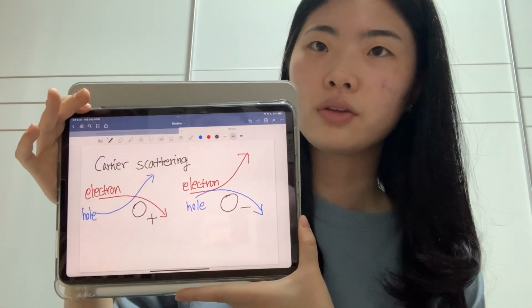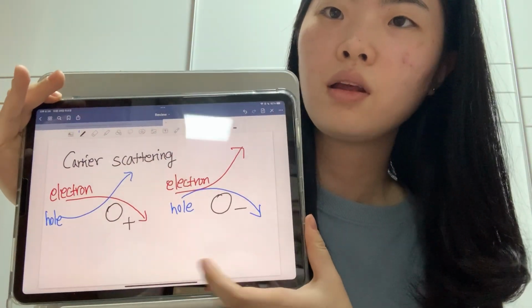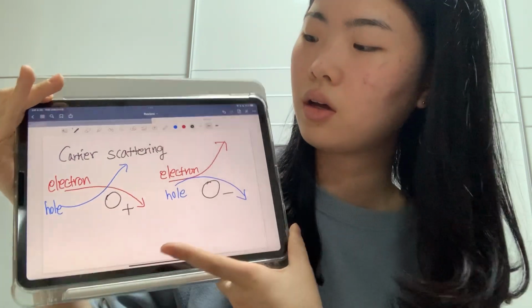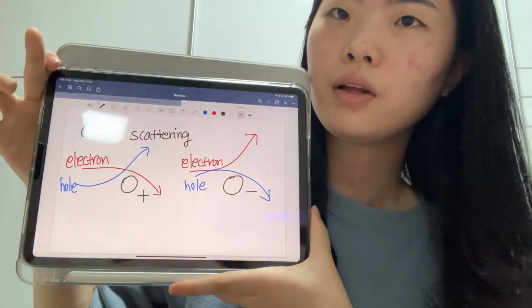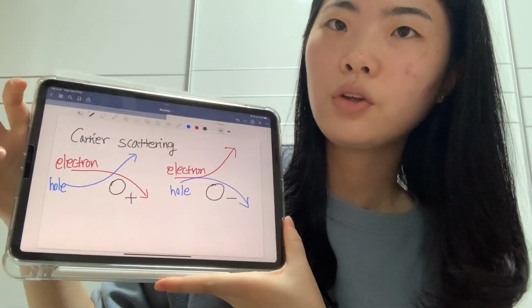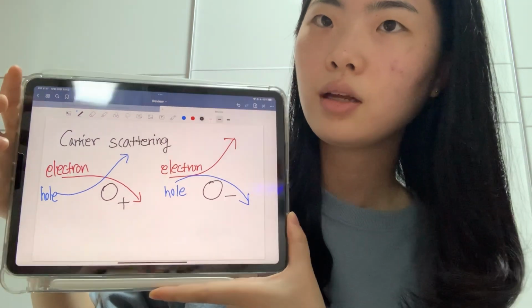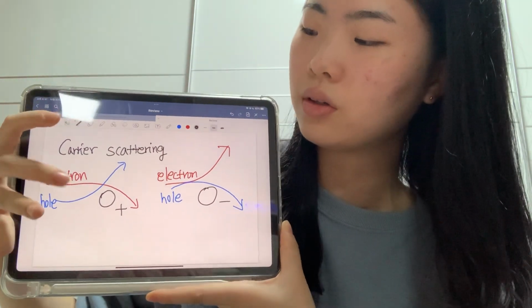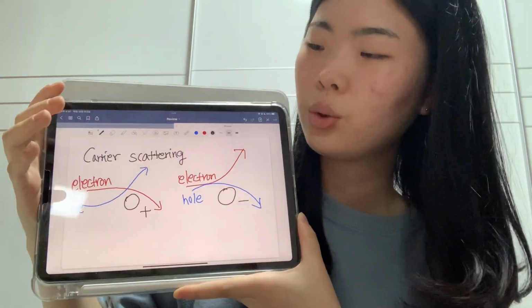Then let's talk about carrier scattering. There are two ionized donor and acceptor. If electron and hole move close to the ionized donor, the electron moves to get close. The electron gets close to the ionized donor.